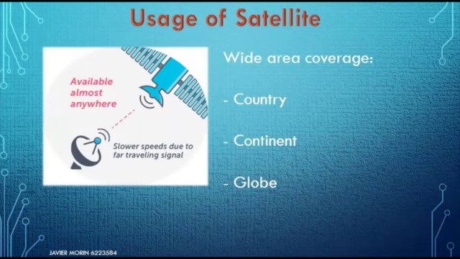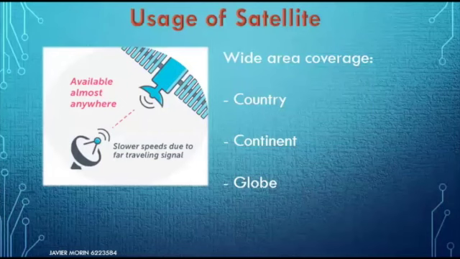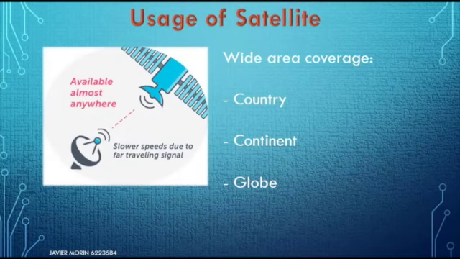Because of the communication applications that they facilitate, satellites are used extensively, providing wide area coverage: country, continent, or globe. Wide bandwidth, independence from terrestrial infrastructure, rapid installation of ground networks, low cost per added site, uniform service characteristics, and total service from a single provider.